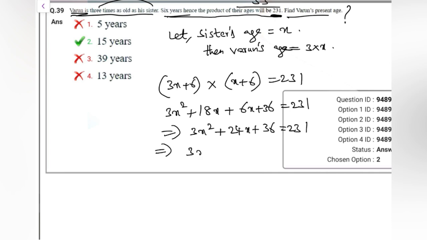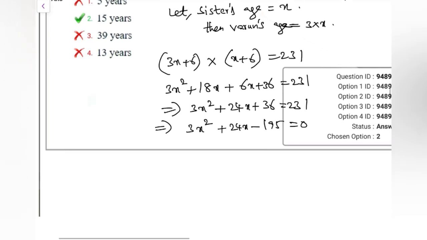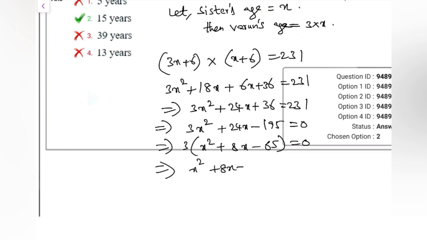That implies 3x square plus 24x minus 195 is equal to 0. 3 into x square plus 8x minus 65 is equal to 0, which implies x square plus 8x minus 65 is equal to 0.